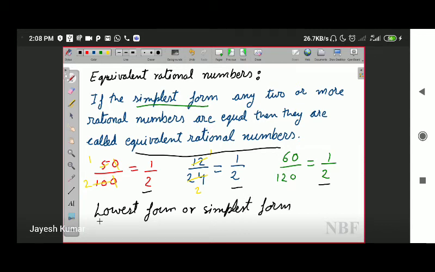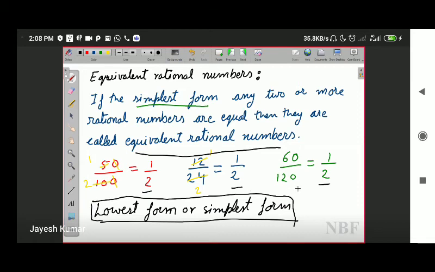So if the simplest form or lowest form of any two or more numbers are the same, then they are called equivalent. That means 50 upon 100, 12 upon 24, and 60 upon 120 are all three equivalent rational numbers. Get it? Very good. Next.